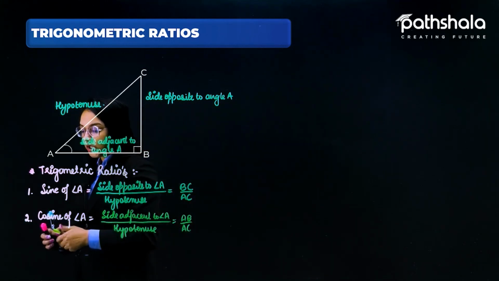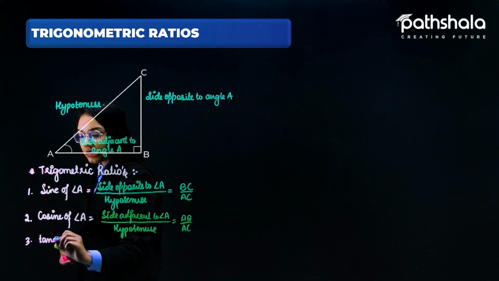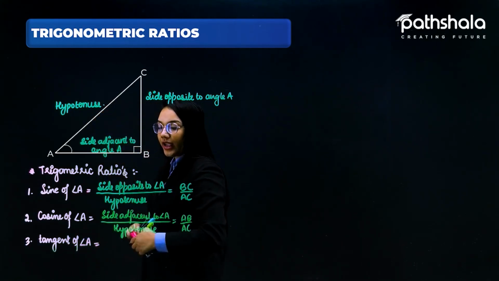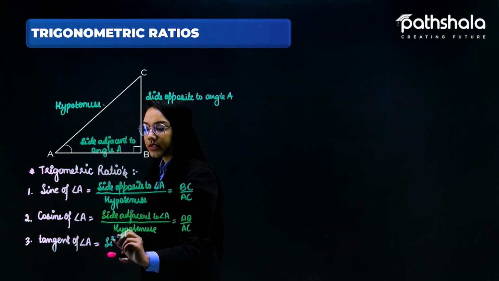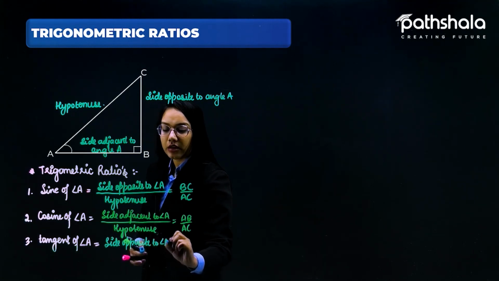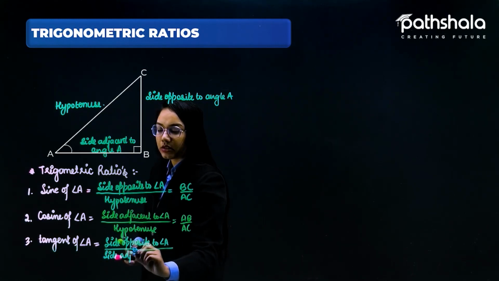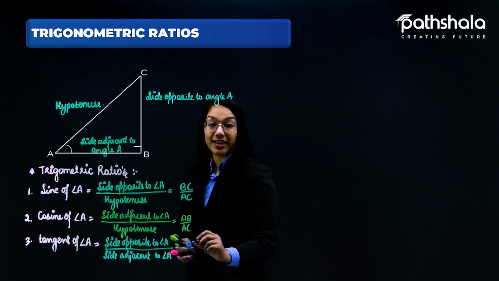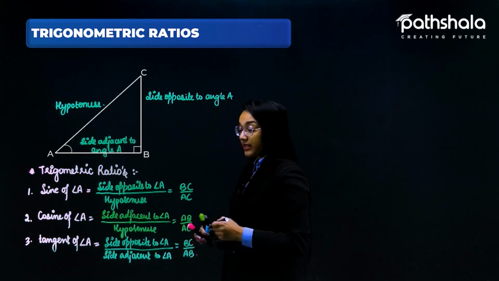Now let's talk about the third, which is called the tangent of angle A. The tangent of angle A is side opposite to the angle A divided by side adjacent to the angle A, which is equal to BC divided by AB.